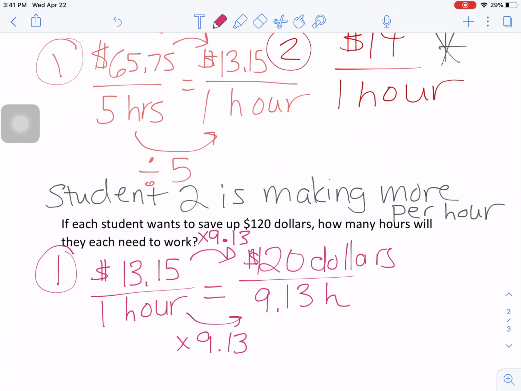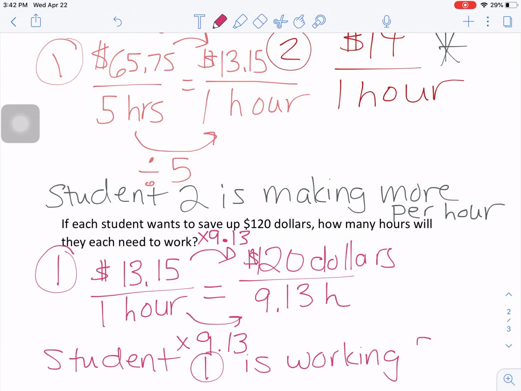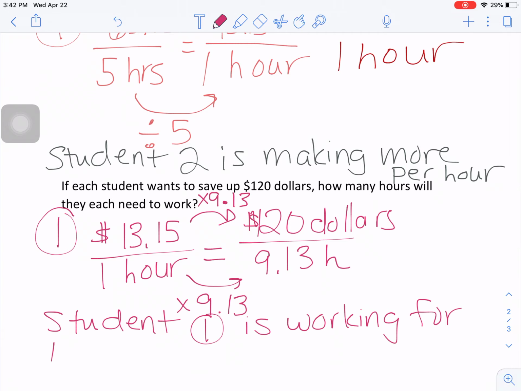So student 1 is going to sign up for 10 hours of work in order to make over $120.